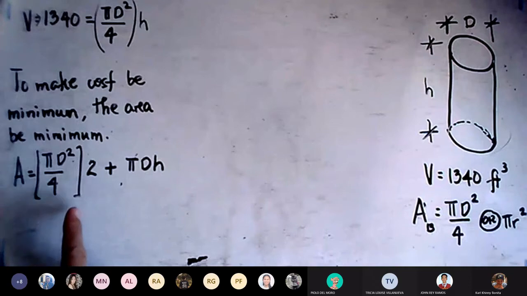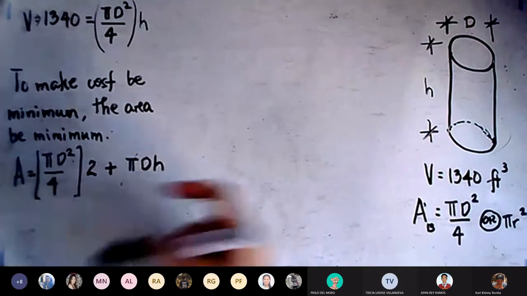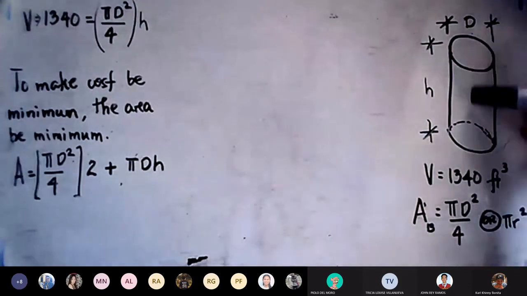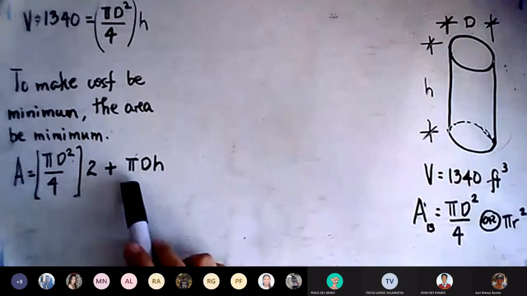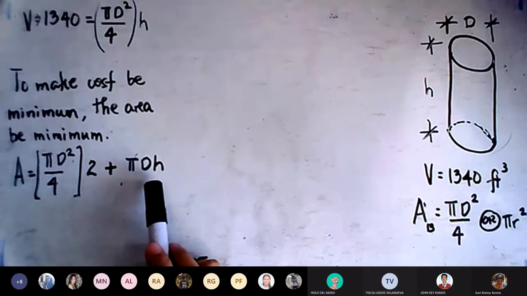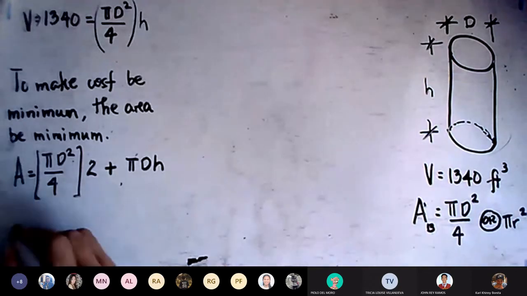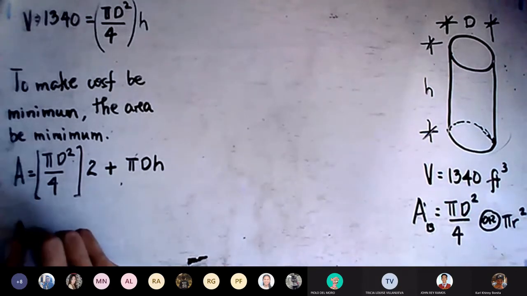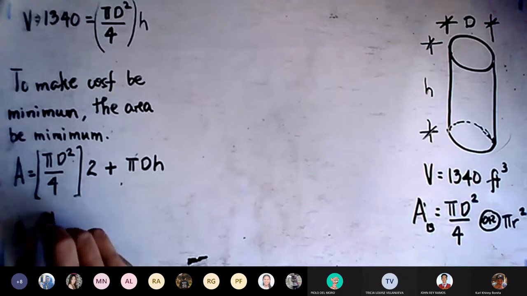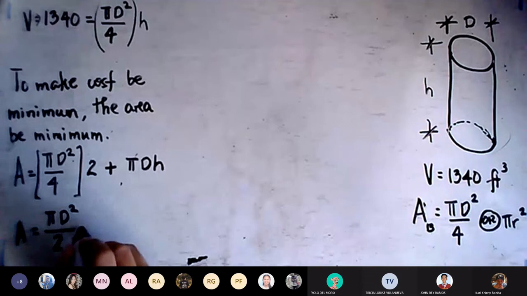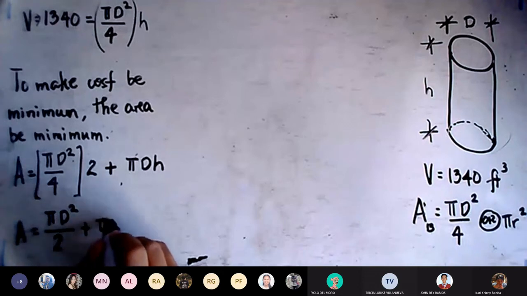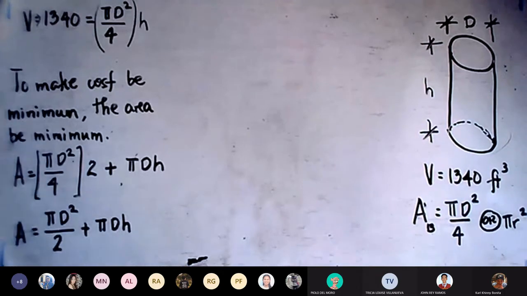So we have pi d squared over 4 multiplied by 2 because we have two bases here, plus the area for the side, which is equal to pi times d times h. So that means the area is simply equal to pi d squared all over 2 plus pi times d times h. So that is our formula.